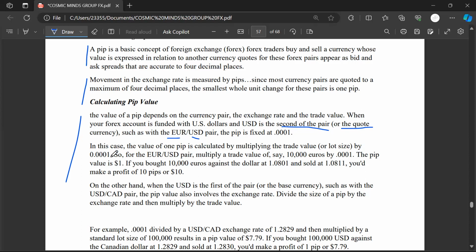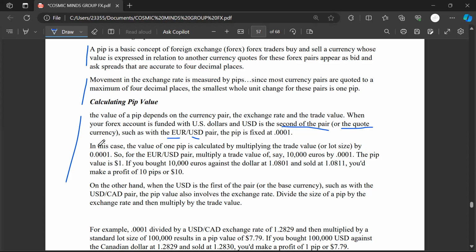So for the USD pair, multiply a trade value of say 10,000 euros by 0.0001, and the pip value is $1. If you bought 10,000 euros against the dollar at 1.0801 and sold at 1.0811, you would make a profit of 10 pips, or $10.